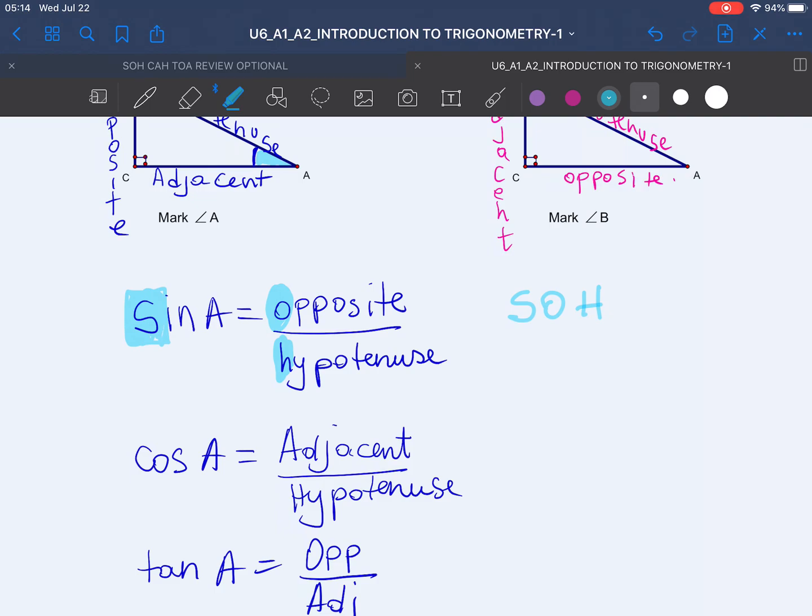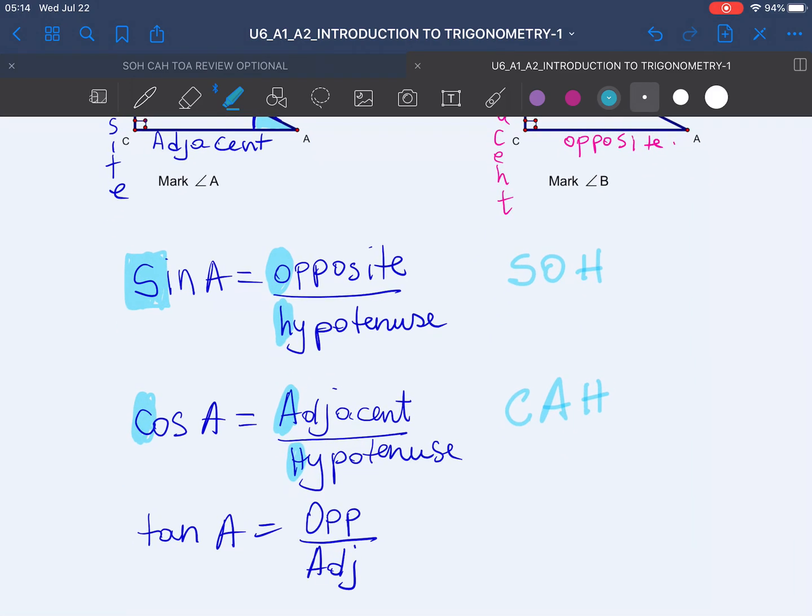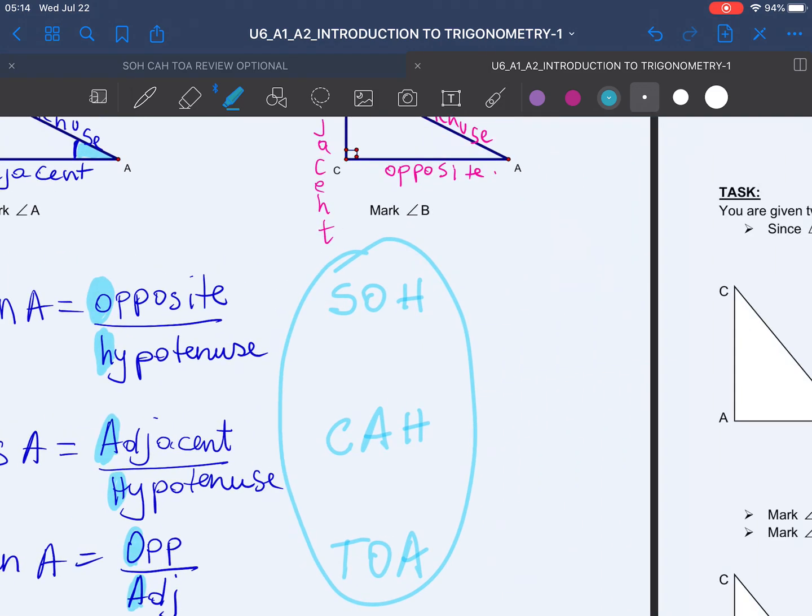The cosine, that's letter C right here, is adjacent over hypotenuse. We call this CAH. And last but not least is tangent ratio, so T, and then O, and then A, so TOA. And the whole thing in here is what we call SOHCAHTOA.